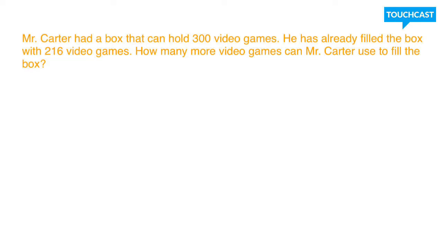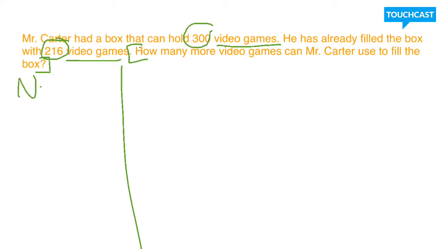Let's take a look at number 3. All right, so you're marking this up as we go along. Mr. Carter had a box that can hold 300 video games. That's a big box. He's already filled the box with 216 video games. How many more video games can Mr. Carter use to fill the box? Let's take our notes. Notes! You are taking the notes with me instead of just sitting there, holding your pencil, staring off into space.